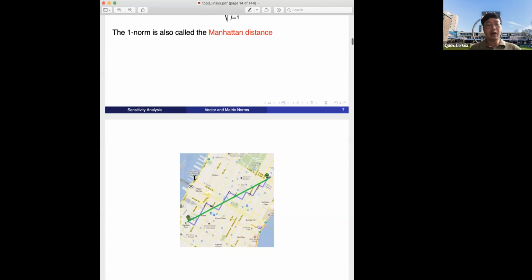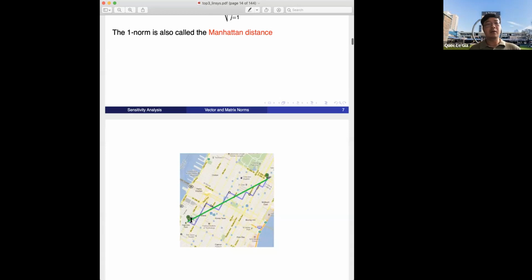The streets are parallel and it's like a grid. If you want to go from A to B by taxi, you cannot go by a straight line, but you have to go along lines parallel to the grid. And when you sum up all the lengths along the streets, it will be the 1 norm.